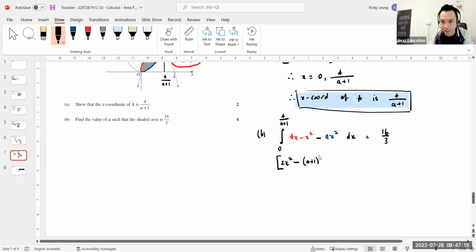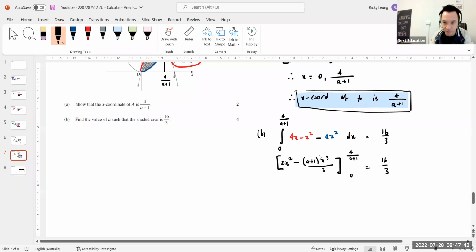Minus a plus 1, and it'll be x cubed on 3, from 0 to 4 on a plus 1. I think it's better if I factorize it, because when I sub it in, I'm hoping that the a plus 1s cancel out somewhat. Okay, let's see. When I sub in 0, it'll go away, so I won't sub that in.